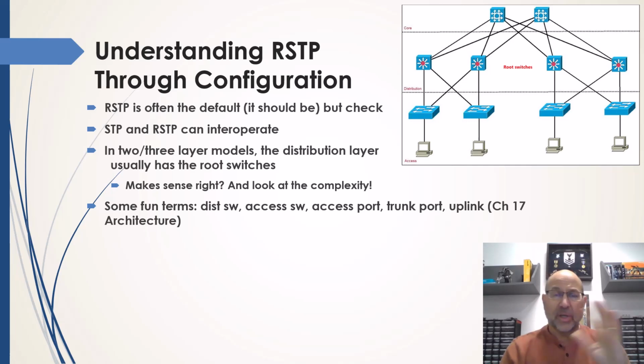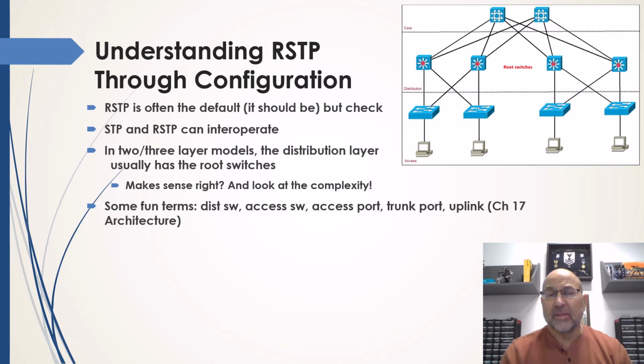Now, along the way, we saw last time that we have all kinds of fun terms with spanning tree. We've got designated ports and root switches and designated bridges. And then we change the mode of a port to an access port or a trunk port. But when we start looking at topologies like this, we also have distribution switches and access switches.